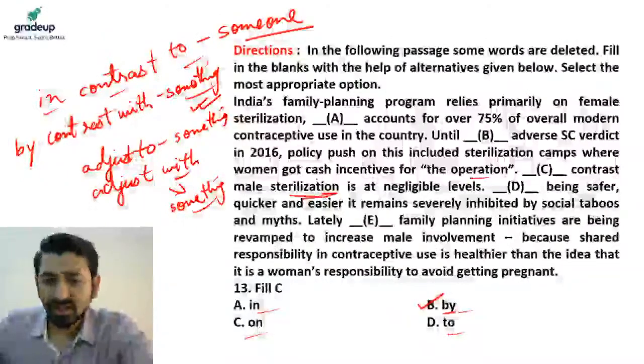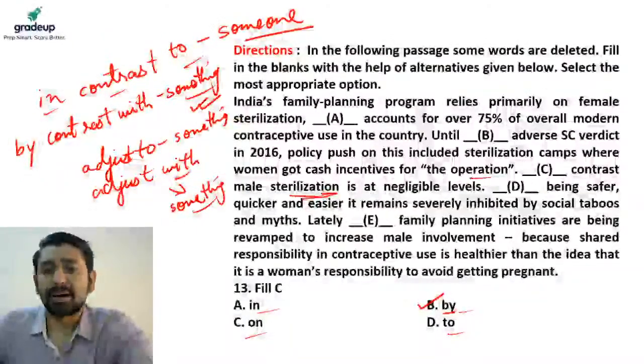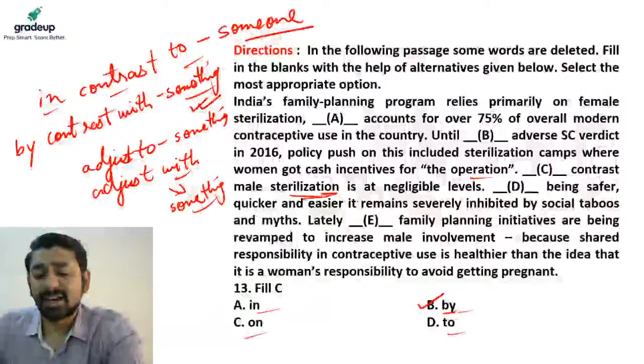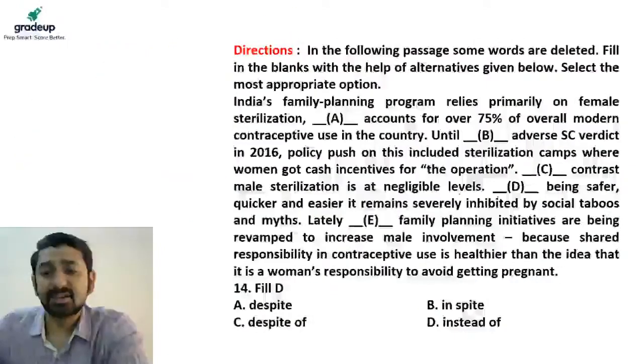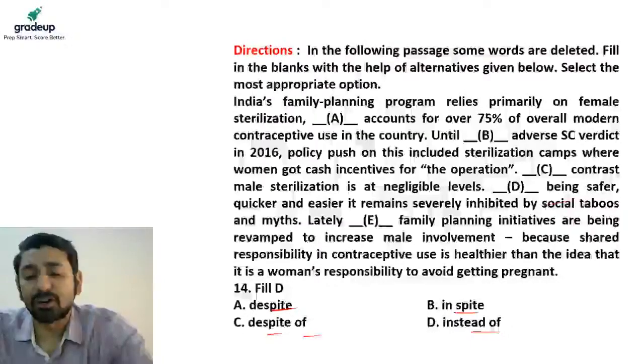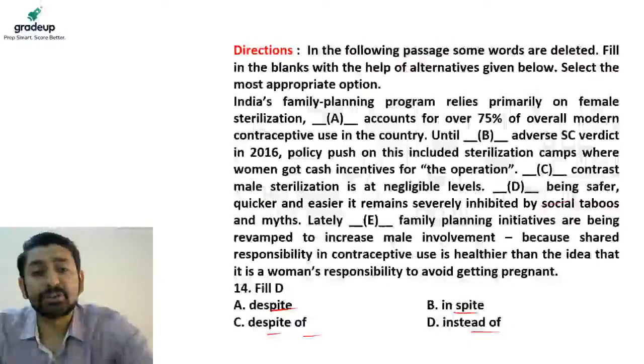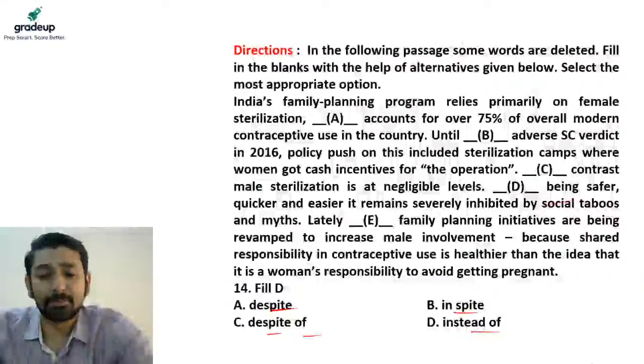Okay. Now look carefully. You should say by contrast, male sterilization is at negligible levels, dash being safer. Options: despite being safer, in spite being safer, despite of being safer, or instead of being safer. Which do you think should appear in this particular blank? Give me the correct answer for this one, guys.